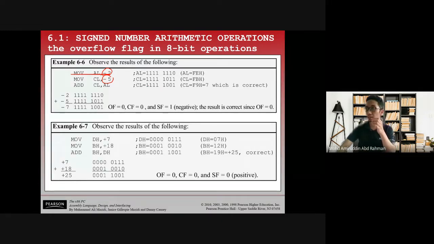So the sign shows you negative, and this number is showing you the 7, F9. F9 showing you 7.